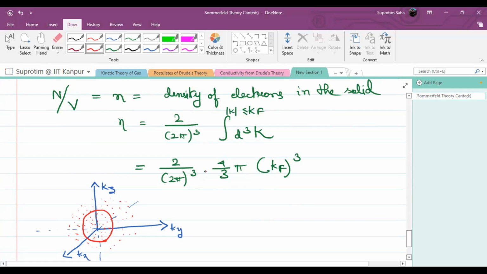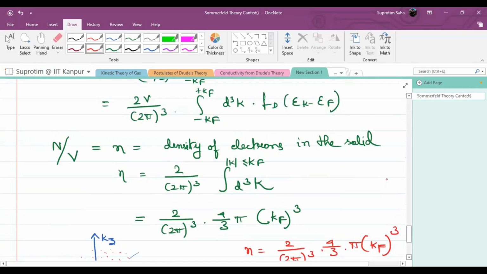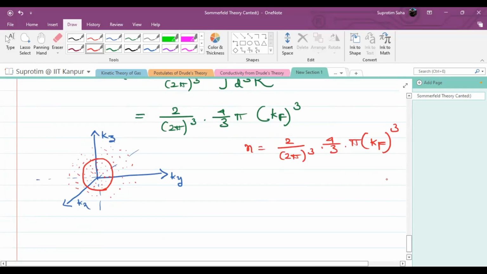Let me just explain this clearly. So what you have is n equals 2 over (2π)³ times 4/3 π kF³. With the imposition of the Fermi distribution and the discreteness, the allowable energy levels are contained within this, your Fermi sphere.